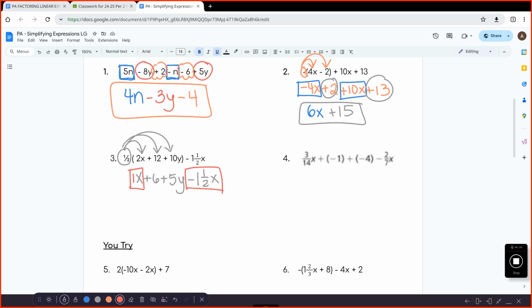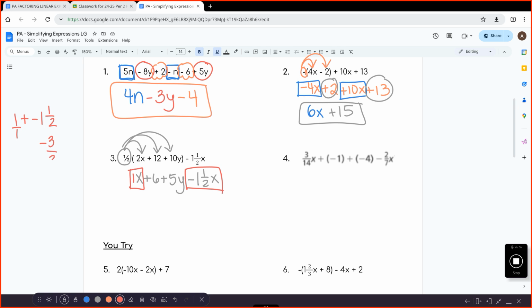You should know how to do 1 plus negative 1/2. If you don't, I'm going to just do it on the side. 1 plus negative 1.5. I'm going to put this over 1, and I'm going to turn this improper. So 2 times 1 is 2, plus 1 gets me 3.